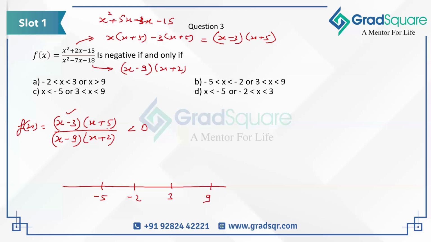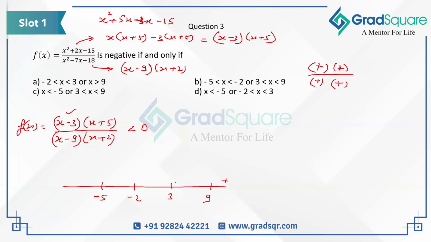Now, if you take your value of x greater than 9, then what is going to happen? Your x minus 3 will be positive. Your x plus 5 will also be positive. Your denominator x minus 9 will also be positive, and your x plus 2 will also be positive. So positive into positive in the numerator, positive into positive in the denominator, your total function will be positive.